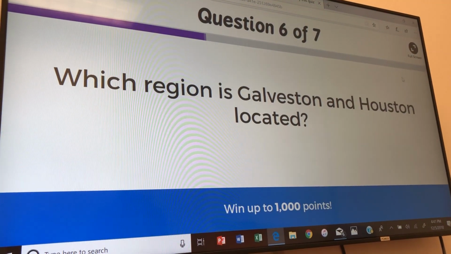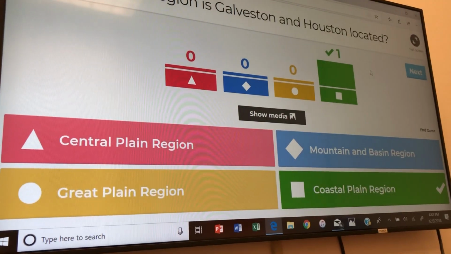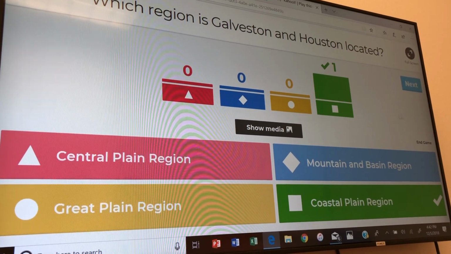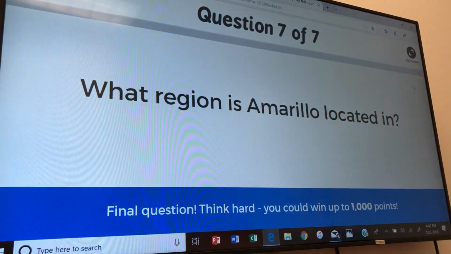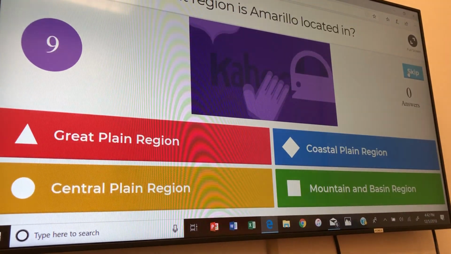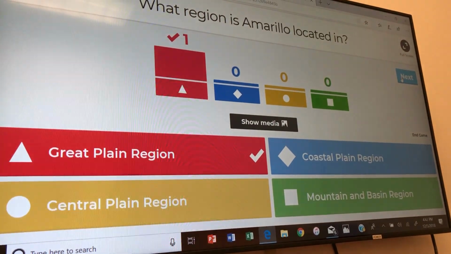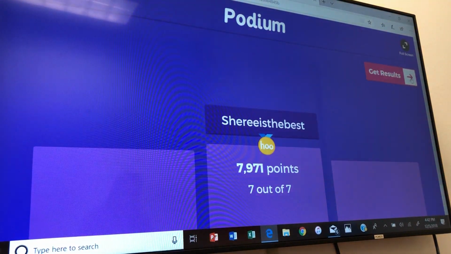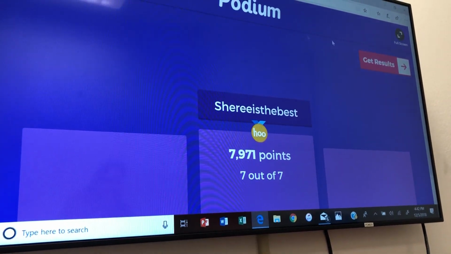Which region is Galveston and Houston located in? Galveston and Houston is located in the coastal plain region. That is correct. Which region is Amarillo located in? Correct. Amarillo is located in the Great Plains region. Good job, Corey. You're amazing. Well, thank you.